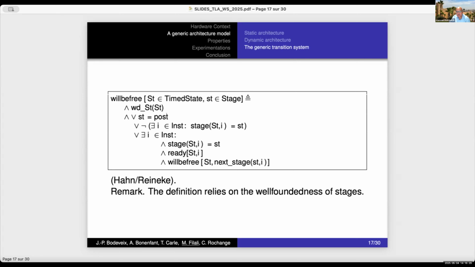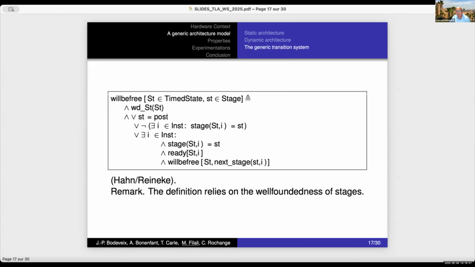Recall that the post stage is a virtual stage, or there is not any instruction on this stage, or recursively there is an instruction on this stage that is ready, and its next stage, this is why we need extraction, because we have to say that its next stage will also be free.